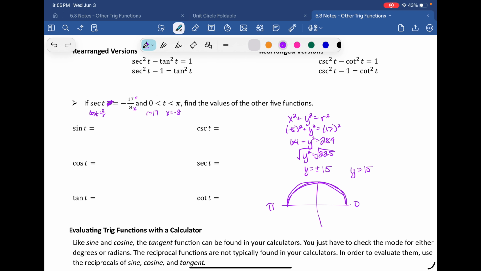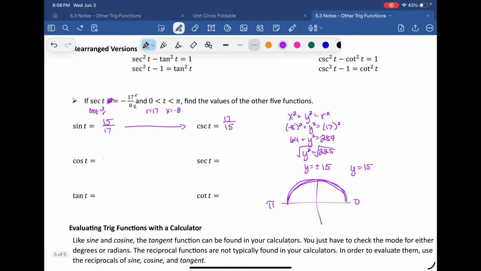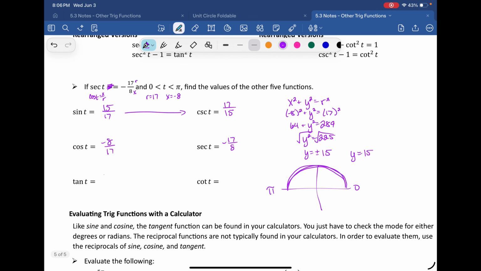Sine t would be y over radius, so 15 over 17. Cosecant would be the reciprocal. Secant would be x over radius, and we were given secant. Tangent would be y over x. Cotangent would be x over y.